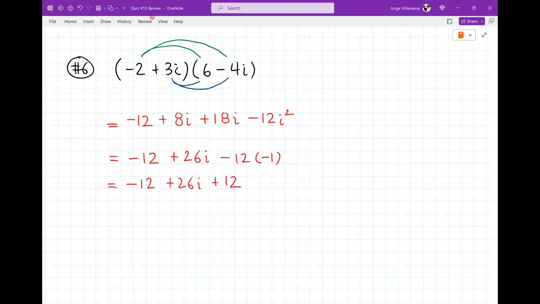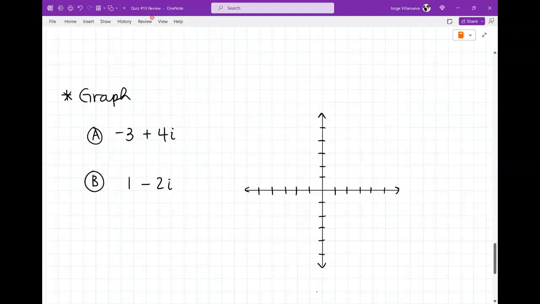What happens with negative 12 plus 12? Cancels out, so all that's left is 26i. So there you go. There will be distribution problems and stuff like that. Are we okay so far? Because the next stuff is graphing. I think most people like this, I think.